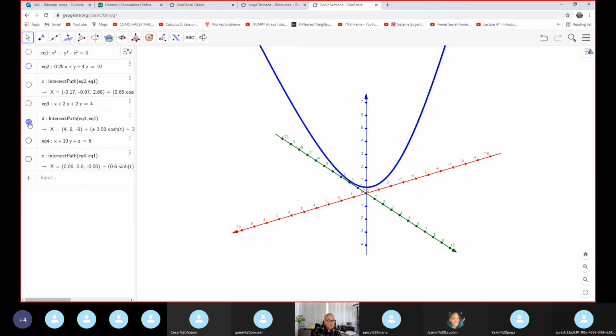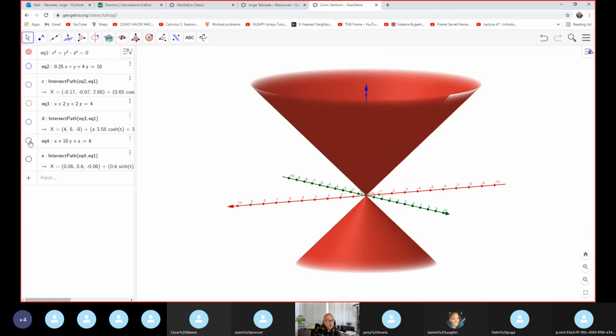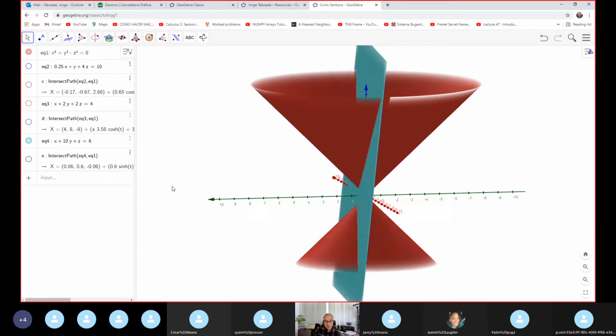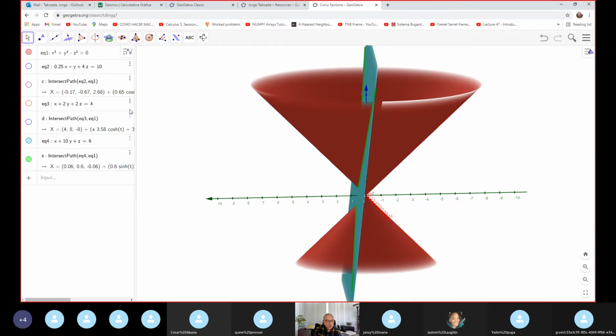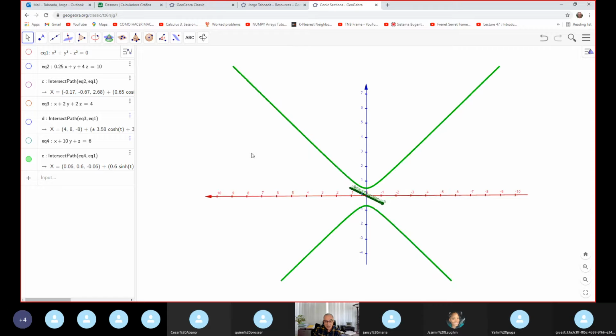Finally, we come back again to the double cone. And now we intersect with another plane, but this plane has a big angle, greater than the angle of the cone, and the intersecting curve looks like a green curve. If you remove the plane and the double cone, you see the famous hyperbola.